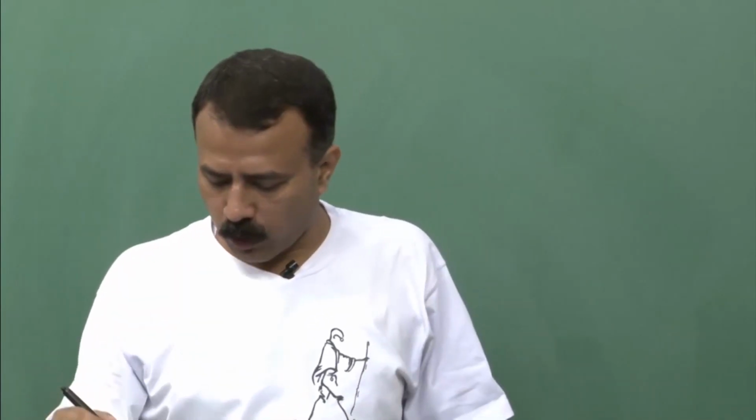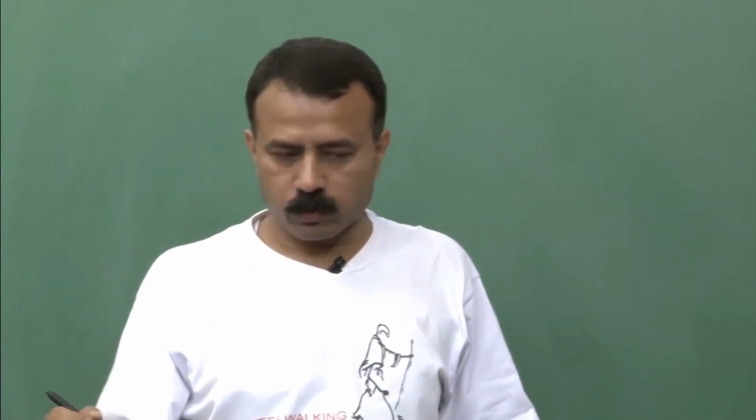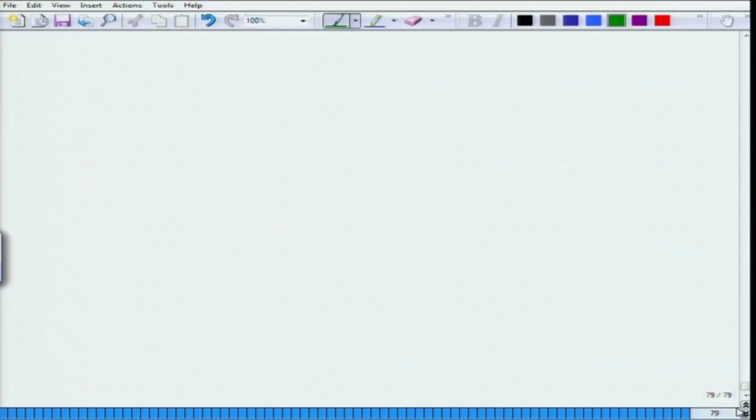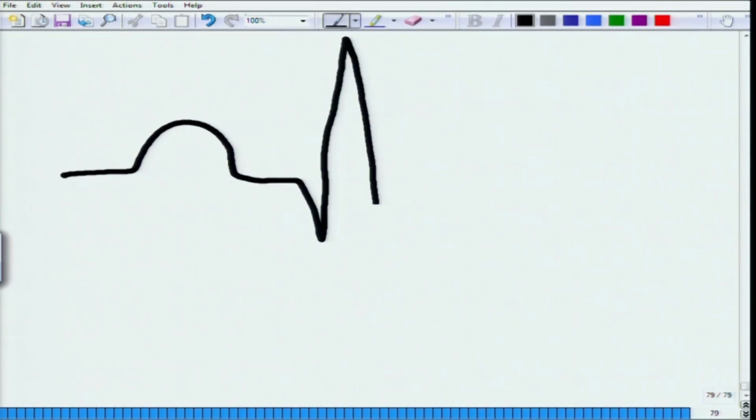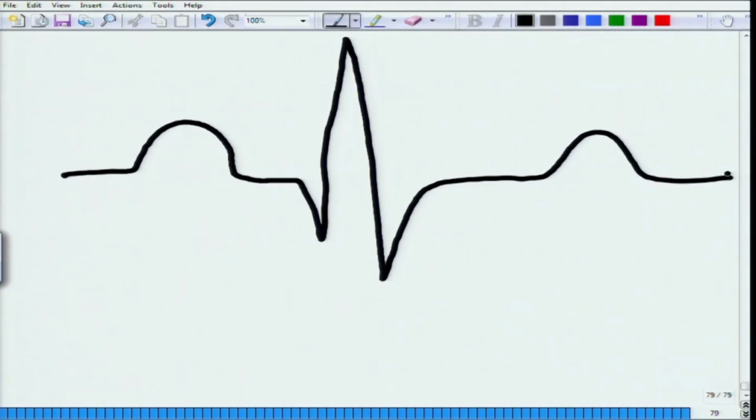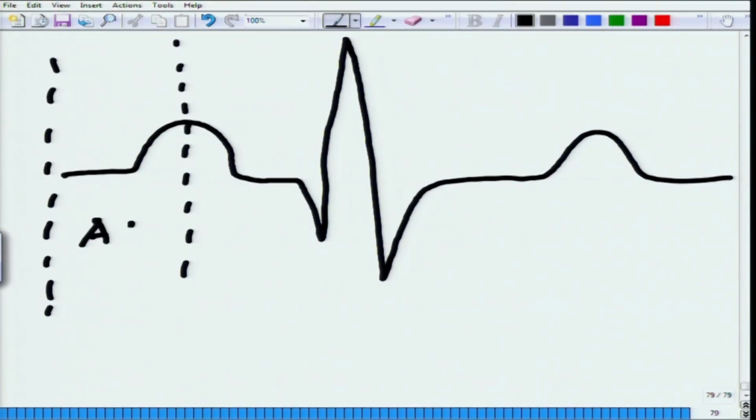So, now I will superimpose the PQRS graph with the systolic and diastolic phases. Here you have the phase of atrial diastole.